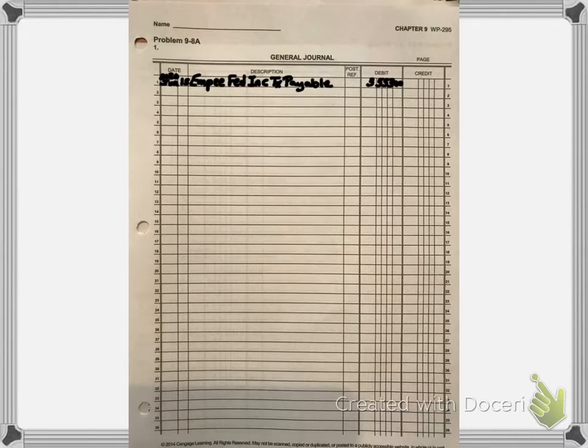And then we will debit Social Security tax payable for $5,103.